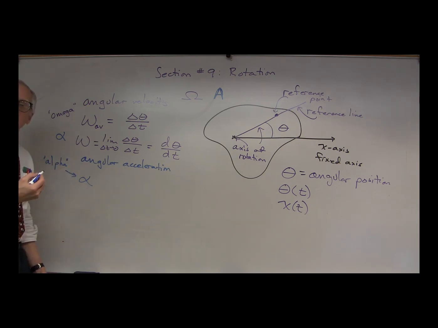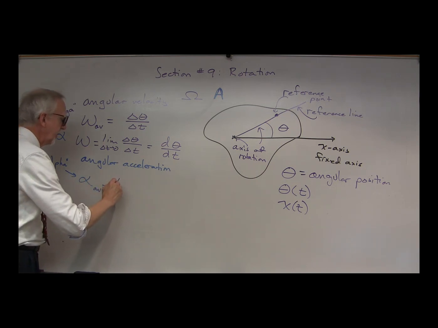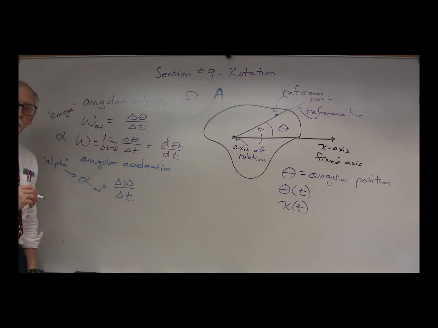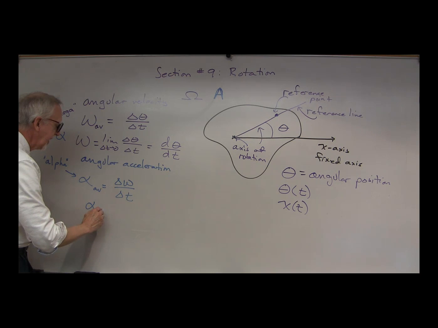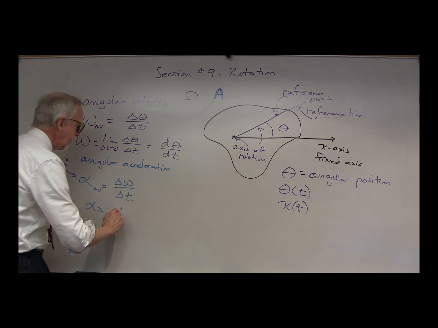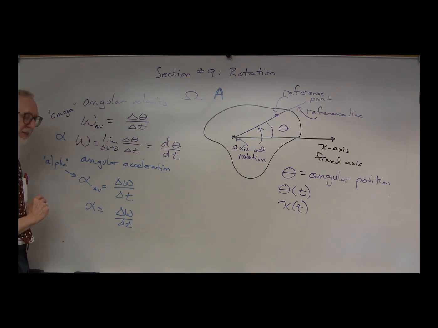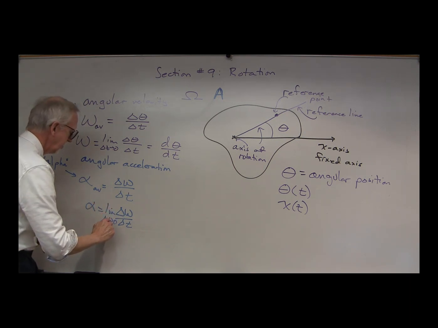And so we can define the average angular acceleration as the rate of change of the angular velocity with respect to t. And then, if we want, we could define the instantaneous angular acceleration by the average angular acceleration in the limit that delta t goes to 0.